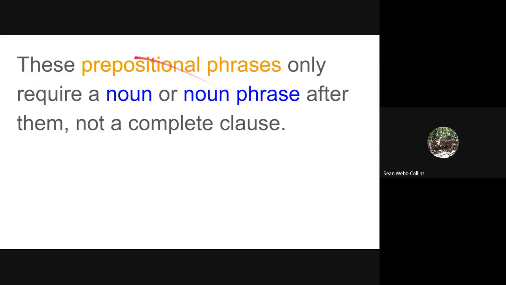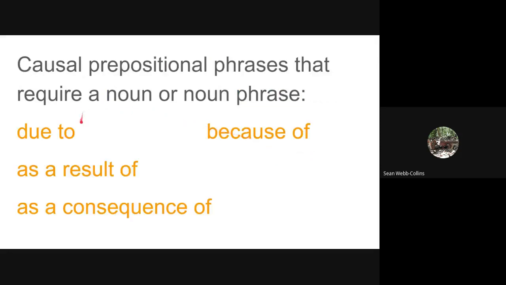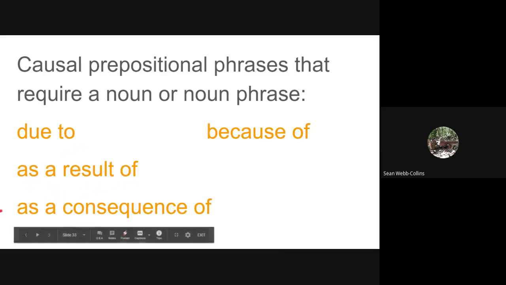So again, some prepositional phrases that we haven't covered only require a noun or a noun phrase after them, and they do not require a complete clause after them to be a full sentence. Some of these causal prepositional phrases that require a noun or noun phrase include due to, as a result of, as a consequence of, because of.